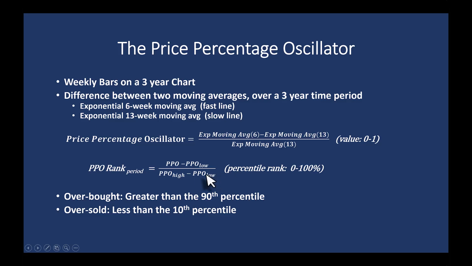And this ranking value is going to be anywhere between 0 to 100%. And you say, well, that's nice. And what you discover is that if you have rankings that are over the 90th percentile, I flag that as overbought. Or if it's less than the 10th percentile, I flag that as oversold.